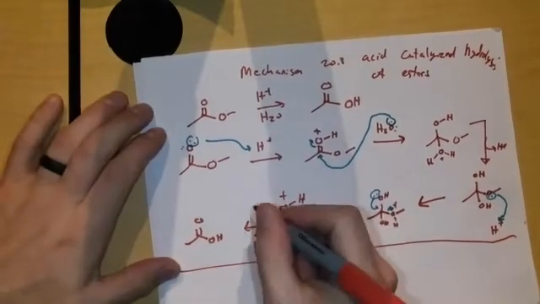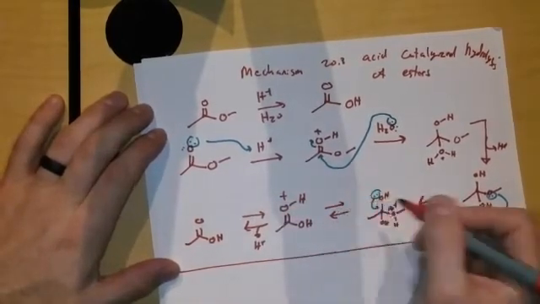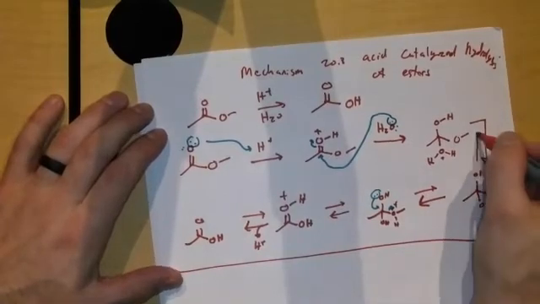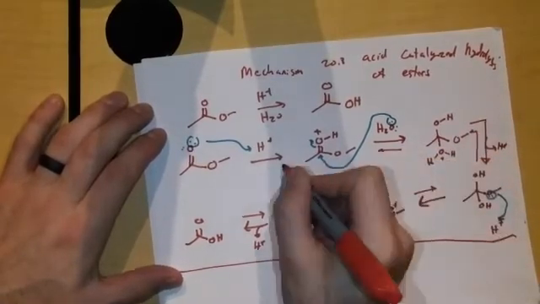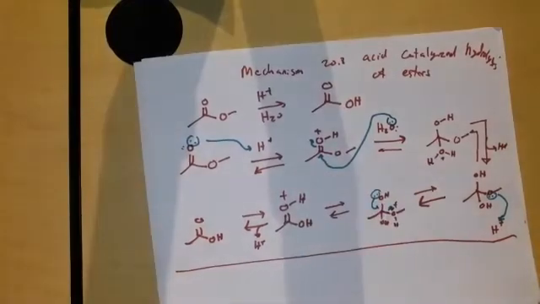Like the last one, these are all reversible steps, with arrows moving in both directions, which makes sense because we're doing the exact opposite reaction of what we just did.